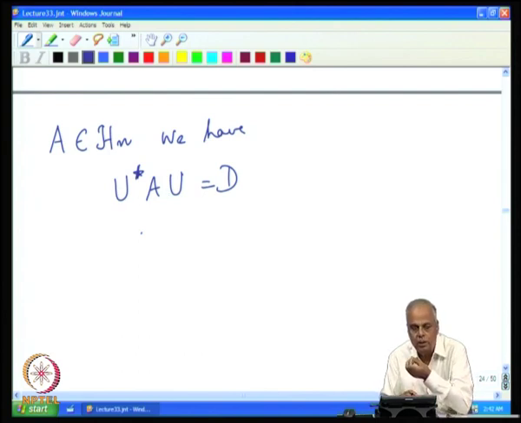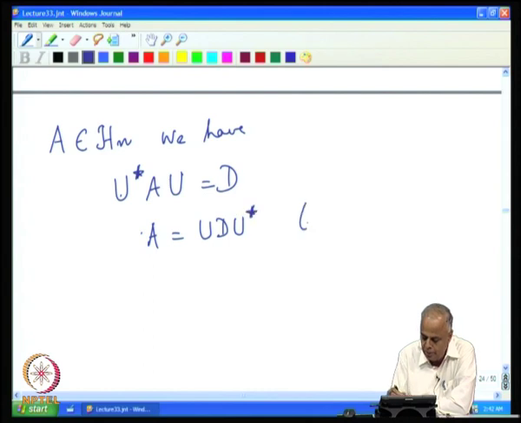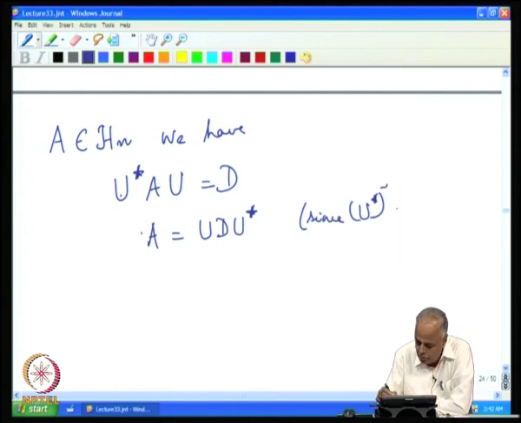So, U star is invertible and its inverse is U. So, if we take the U star to the right hand side, it will go as U star inverse, which is U, and similarly U will go to the right hand side as U inverse, which is U star. So, this will be equal to U D U star, since U star inverse is U and U inverse is U star.